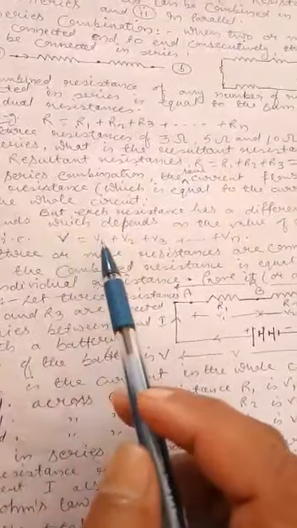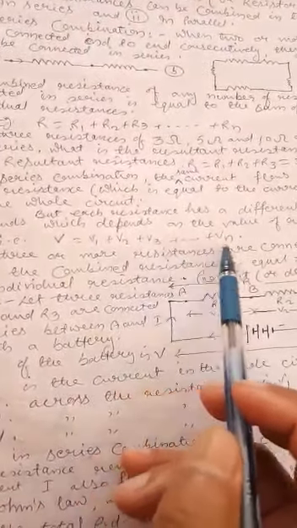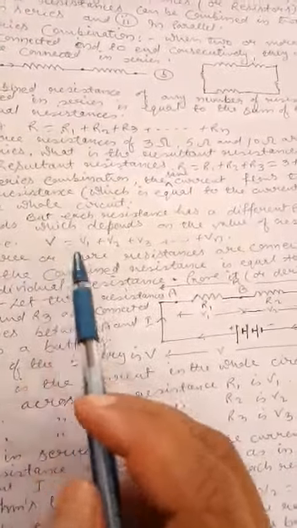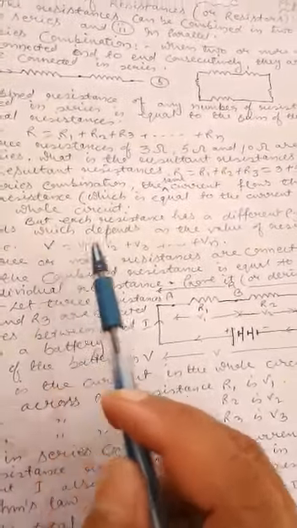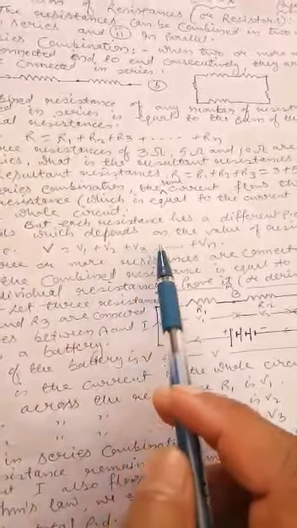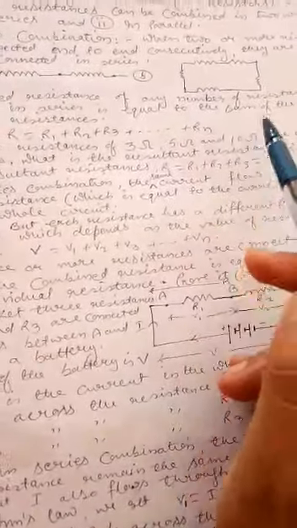Then the total potential difference V is equal to V1 plus V2 plus V3 plus up to Vn, the sum of the individual potential differences across each resistance, but the current will remain the same in series combination.